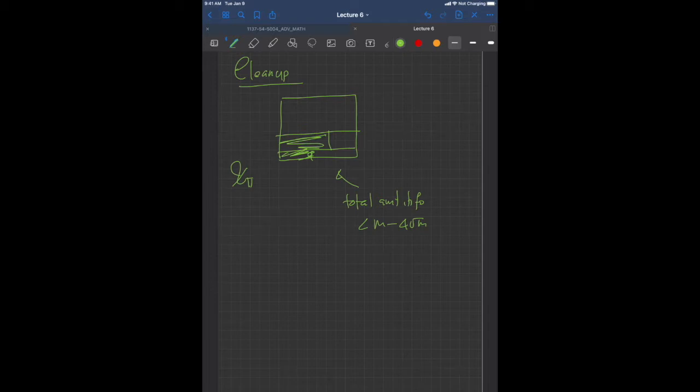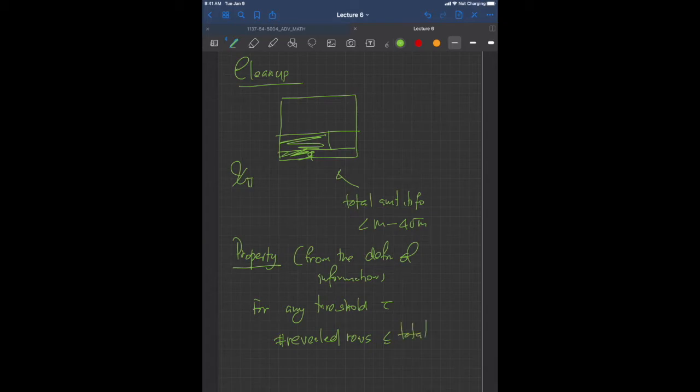And we wanted this property from the definition of information: for any threshold tau, the number of revealed rows, the rows where there are more than tau bits of information, is at most the total info on x pi divided by tau.